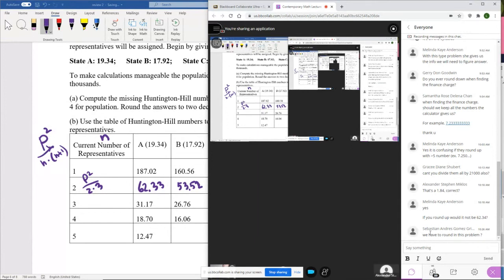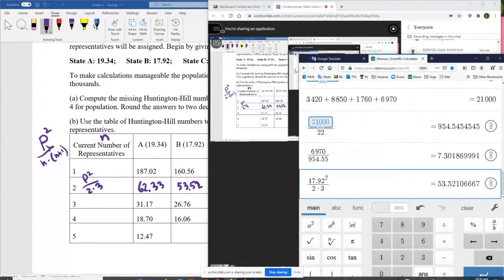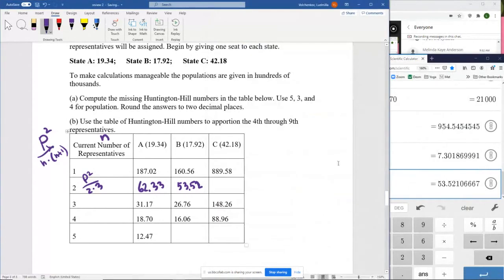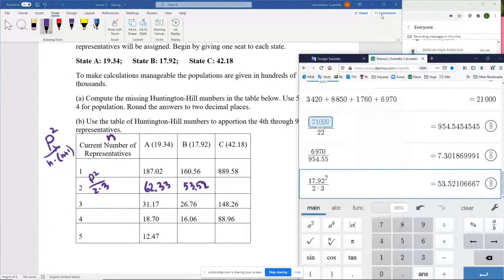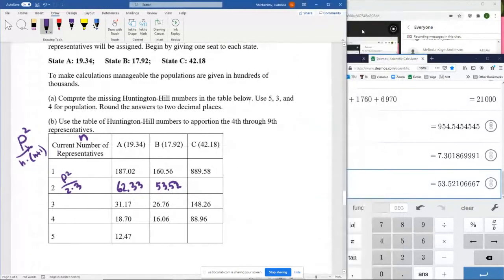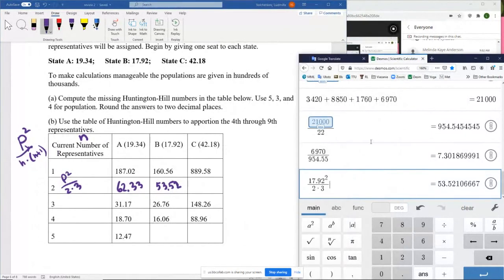So if you round up 60 or 64. So you have to round the Huntington-Hill numbers, yes, because they are not exact and there will be big numbers. You don't need the whole number, all these decimals.